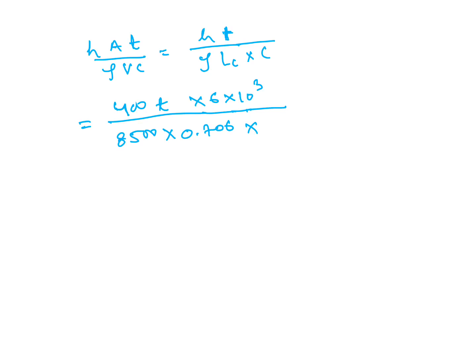Then C specific heat is 400 joule per kg Kelvin. So 400 cancels. By using a calculator, if you do this, it comes 0.9998 T.